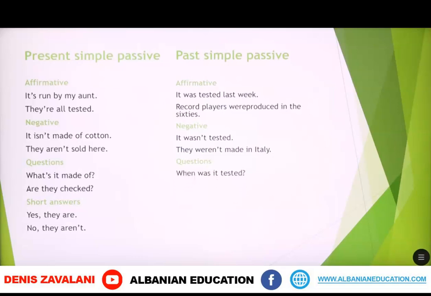When was it tested? Were they tested? Now let's go on with short answers. As I said before, short answers remain the same as in the active voice. Yes, they were. No, they weren't.